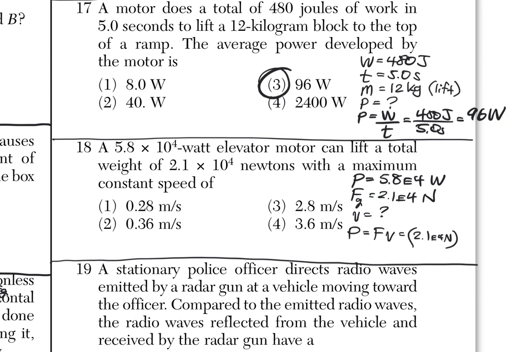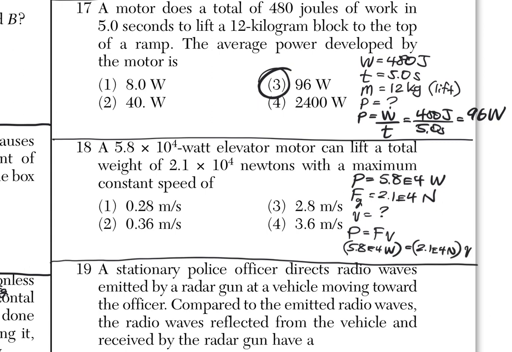And so we know the force is 2.1 times 10 to the 4 newtons. Oh, hold on, I miswrote that. P is FV, but let me write it this way. So we have 5.8 times 10 to the 4 watts is equal to 2.1 times 10 to the 4 newtons times the speed.